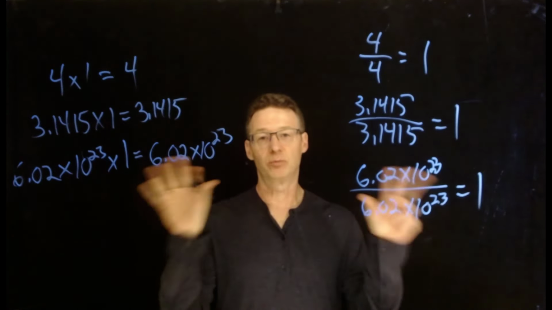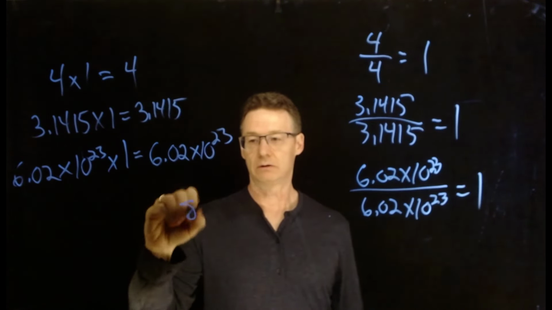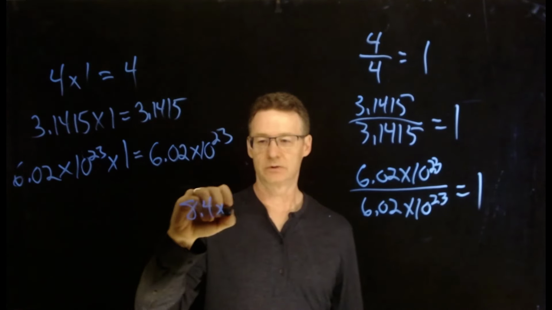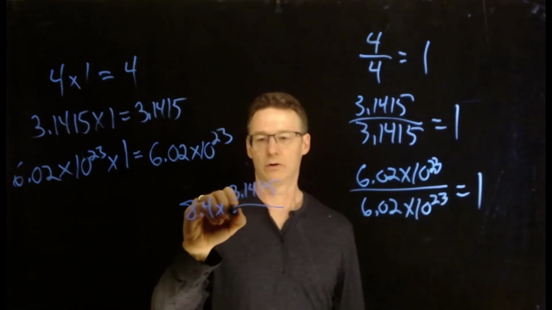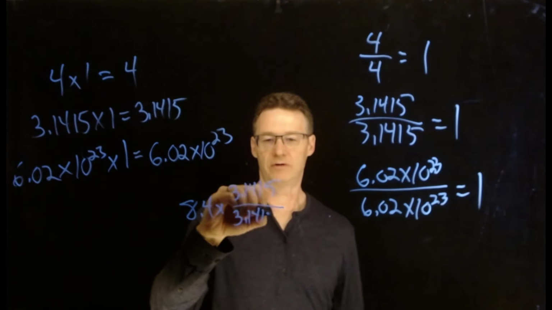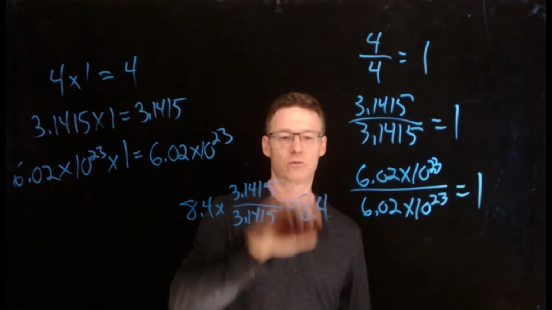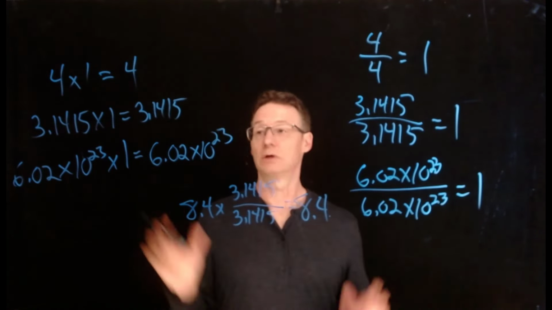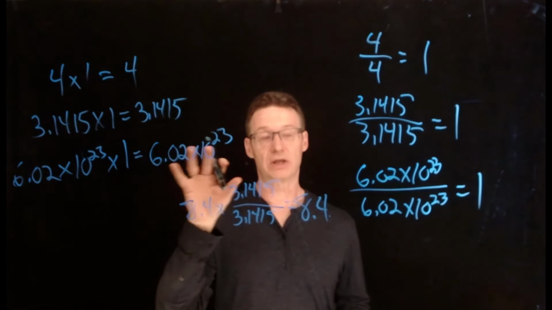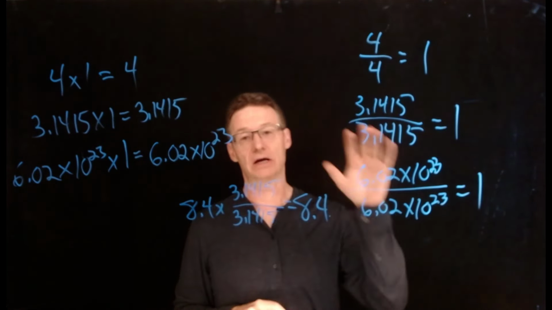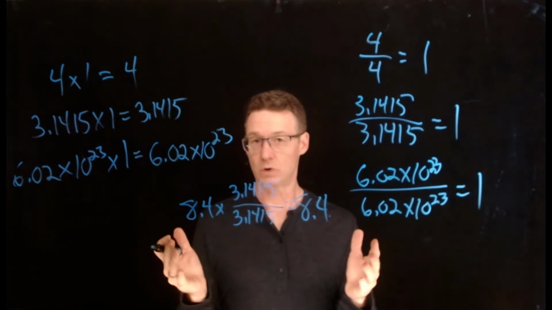Now what happens if we put these two concepts together? We might get a problem like 8.4 times 3.1415 over 3.1415. It equals 8.4. So, combining these two ideas, we can say that any number multiplied times a ratio with equal values on the top and the bottom equals itself, since that ratio is equal to 1.